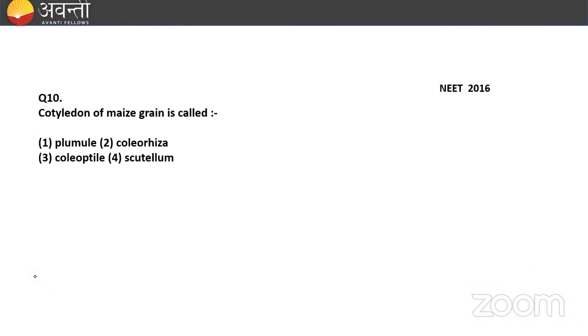Now moving to the next question: cotyledon of maize grain is called. Option number 1 is spimule, option number 2 is coryza, option number 3 is coleoptile, option number 4 is scutellum. This question came in NEET 2016.